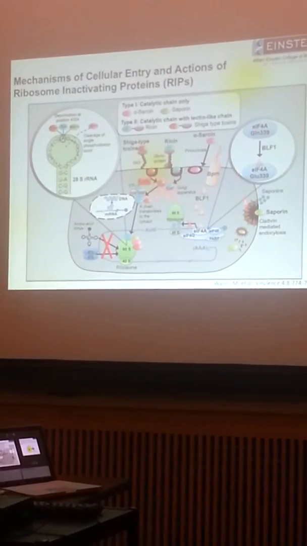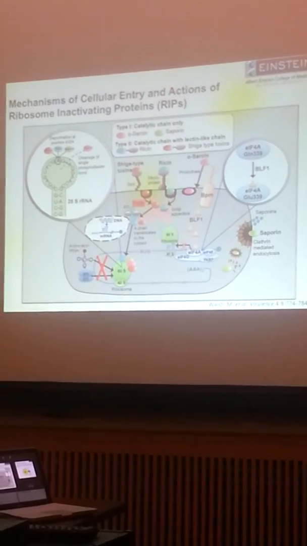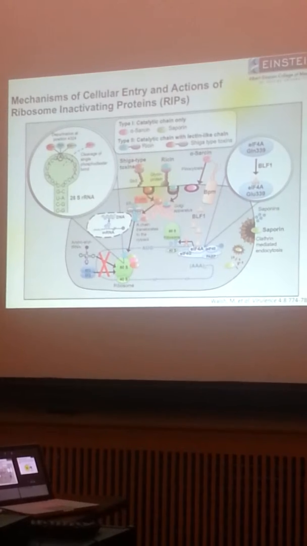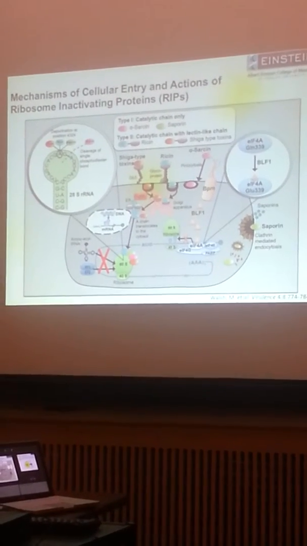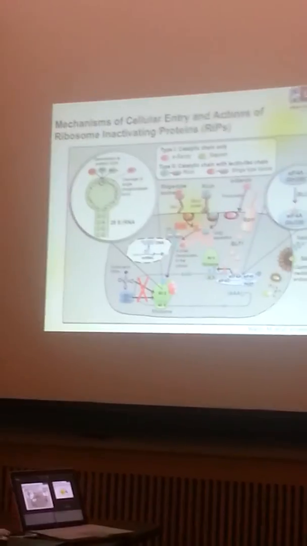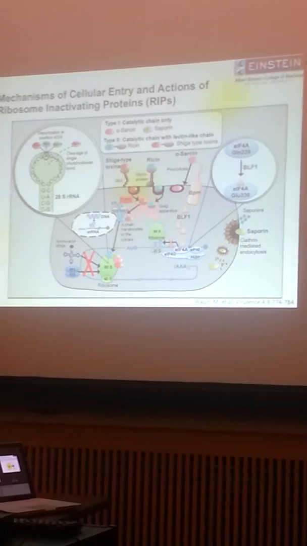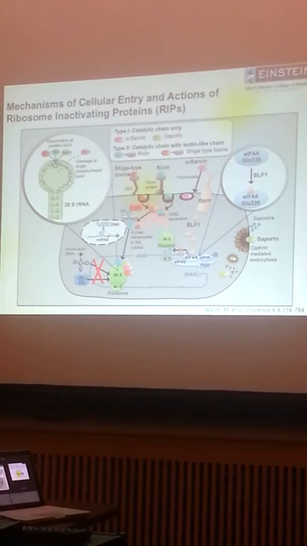Type 1 delivers into the cell via a transferrin-dependent mechanism with the help of saponins. Due to the lack of the B chain, type 1 is less toxic than type 2, but it becomes very toxic once it gets into the cell.